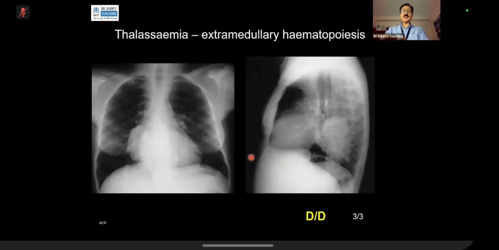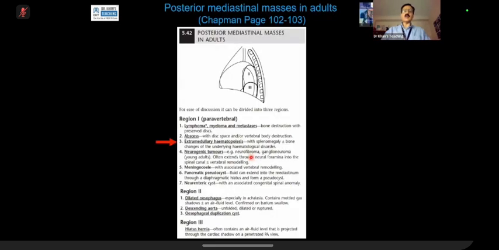The learning points are that if you open your Chapman and revise the position of mediastinal masses on a lateral chest X-ray, we are quite good to discriminate. We have got groups, area 1, 2, 3, and according to that, the differential diagnosis changes.